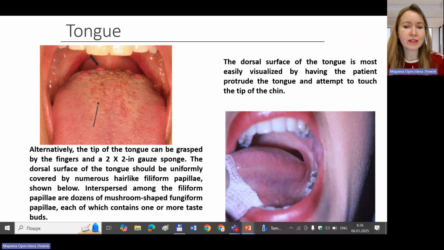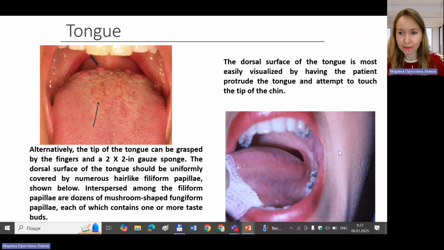The dorsal surface of the tongue should be uniformly covered by numerous hair-like filiform papillae, shown over here. Interspersed among the filiform papillae are dozens of mushroom-shaped fungiform papillae, each of which contains one or more taste buds.